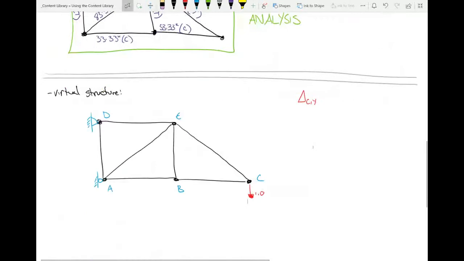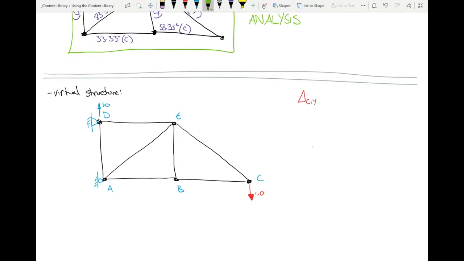So I'm going to put that load acting downwards. If I get a negative answer when I do my deflection, it doesn't mean I need to develop significant emotional distress. It just means that I chose the incorrect direction.